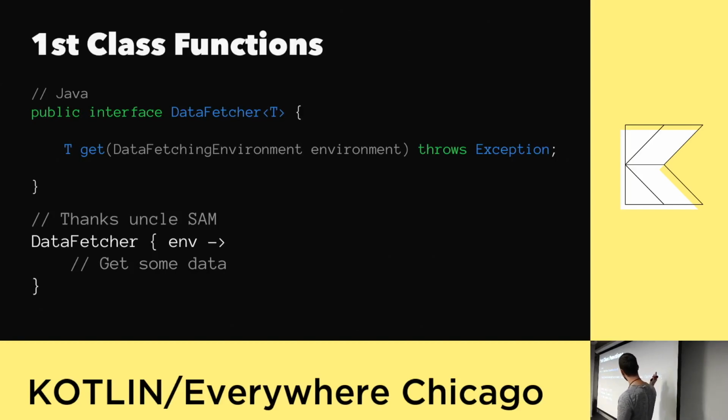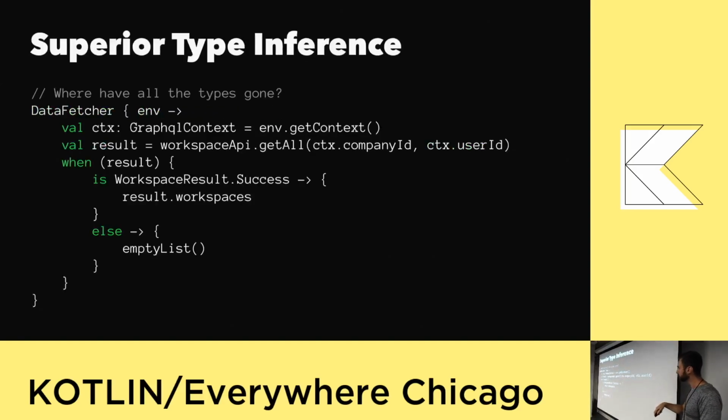And because it's a single abstract method class, we can define this just like this. The second thing, closely related, is that because Kotlin has superior type inference on the JVM, there is no type information here. We don't need it. We get all of the benefits of type safety without adding that in.